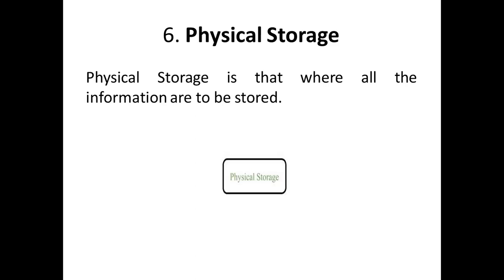So how are we going to store the data? This is the symbol which we will use if we are going to draw the structure chart. This is the basic symbol used for the physical storage whenever we draw the structure chart.